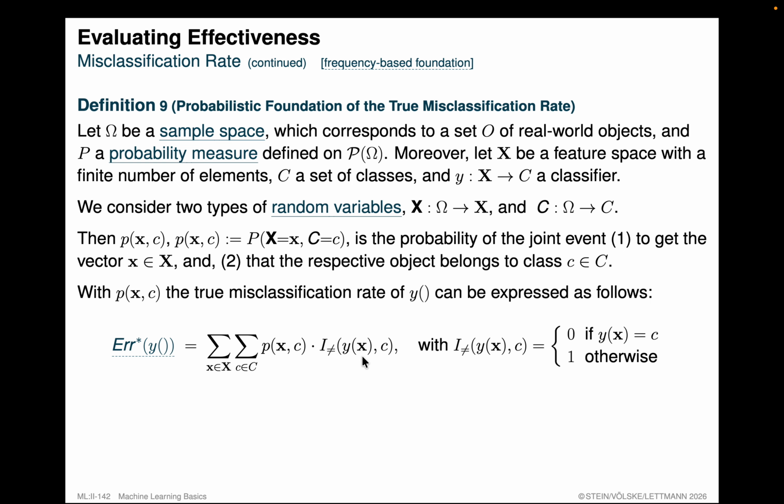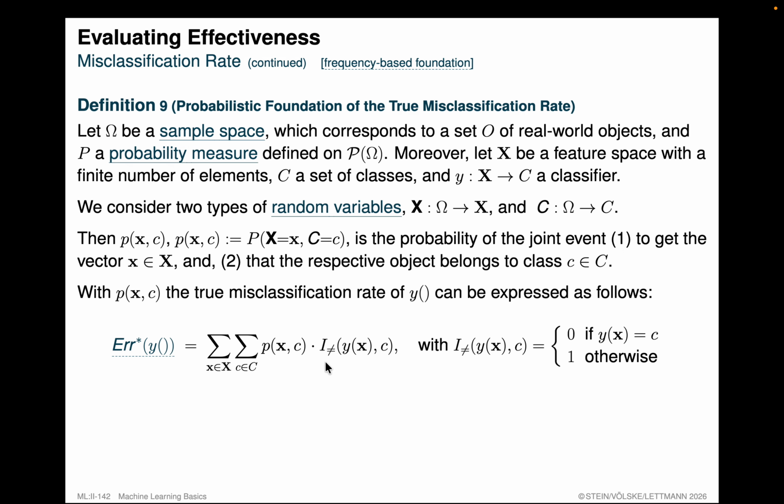This indicator function just makes these factors here 0 or 1, given whether the model function makes a correct classification or a wrong classification. If the model function classifies a feature vector correctly, this function evaluates to 0 as per this notation here, and therefore eliminates this factor out of this part of the sum.